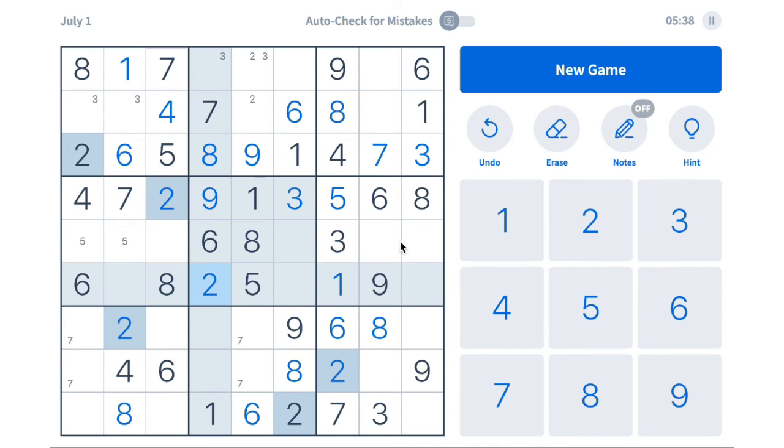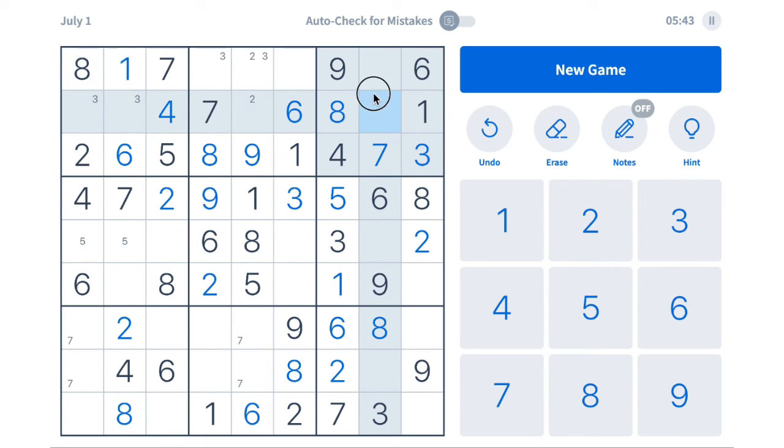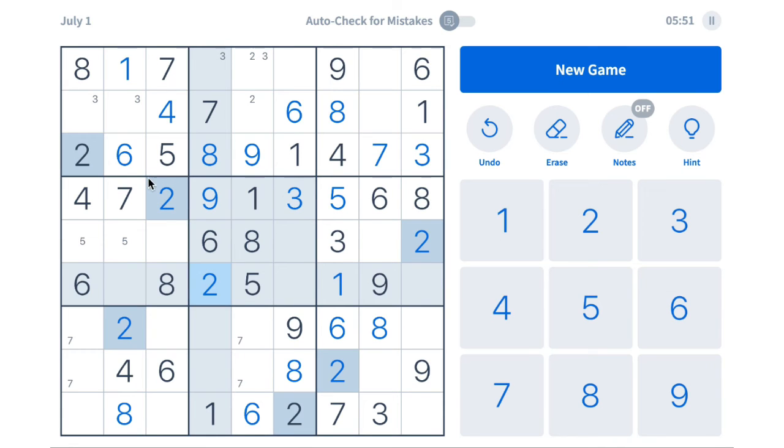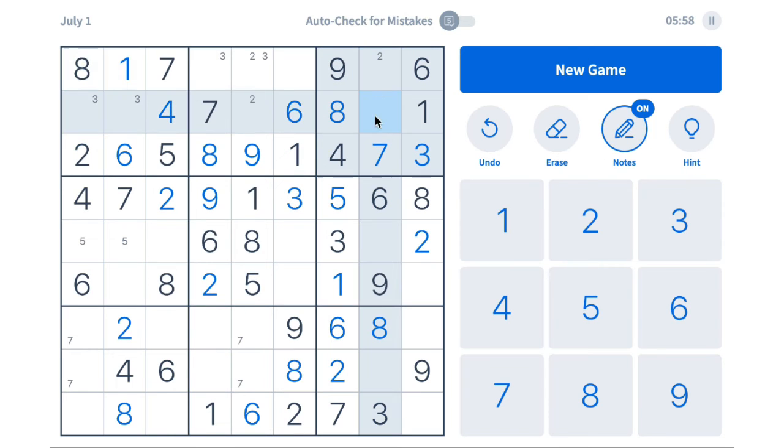Which makes this the 2. Which makes this the 2 because the 2 is going to be placed in one of these two squares. So this can't be 2 and this can't be 2 because of that 2. But we don't know which the 2 is going to be.